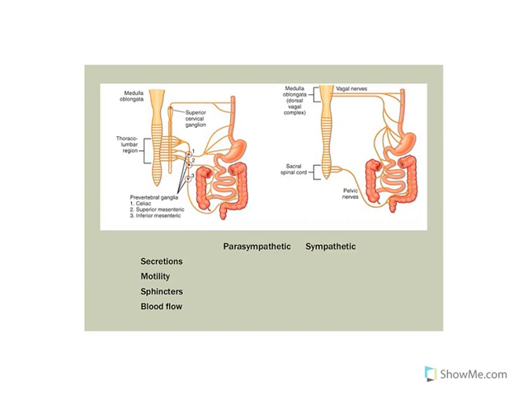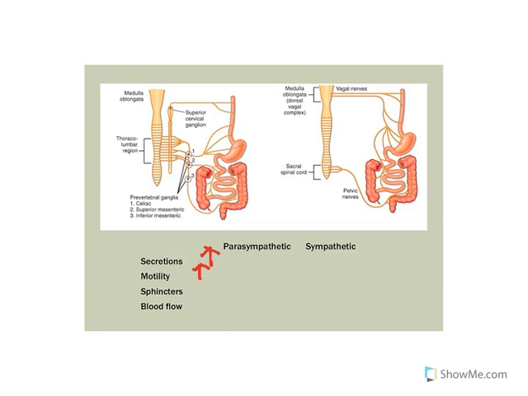Now the parasympathetic division is called rest and digest. So it's all about digestion. So think about what it should do. It will increase secretions. It stimulates motility because you got to mix the stuff up, break things up.